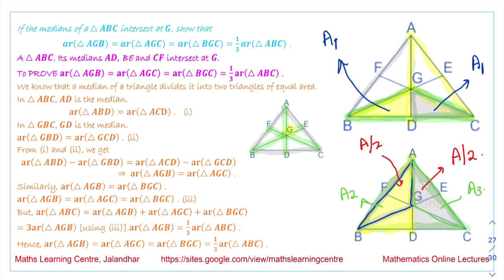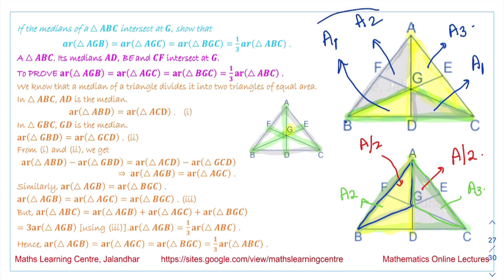So we are talking about these two areas, one is the AGB area and second is the AGC area. We are saying this area is A2 and this area is A3. So what is the total area ABD?